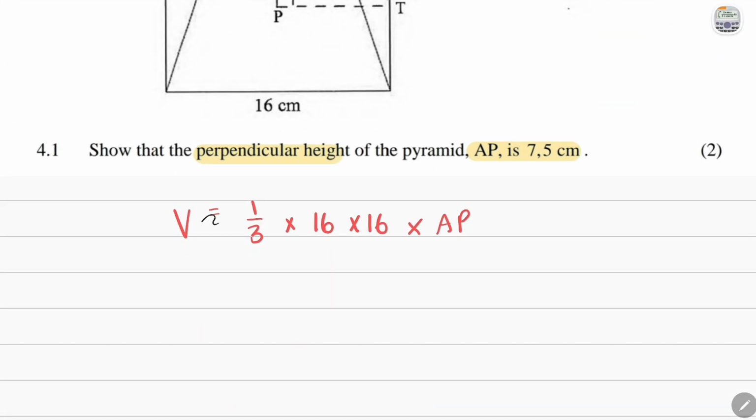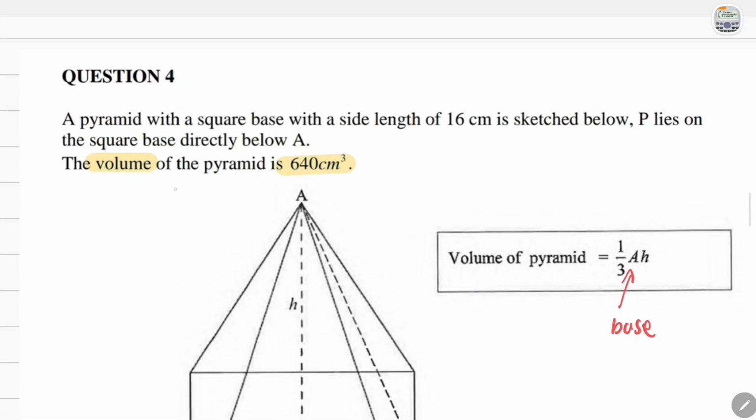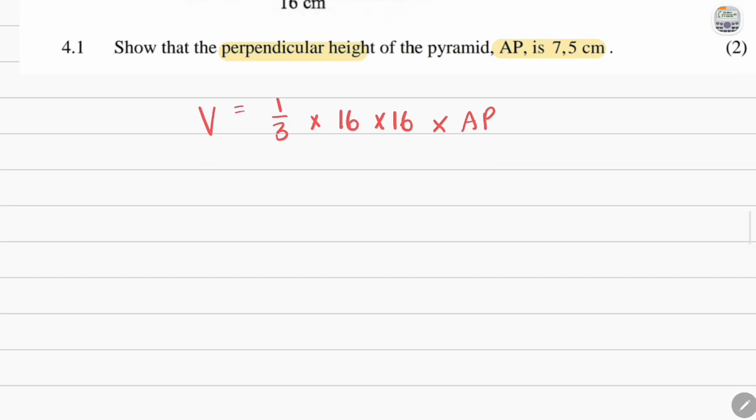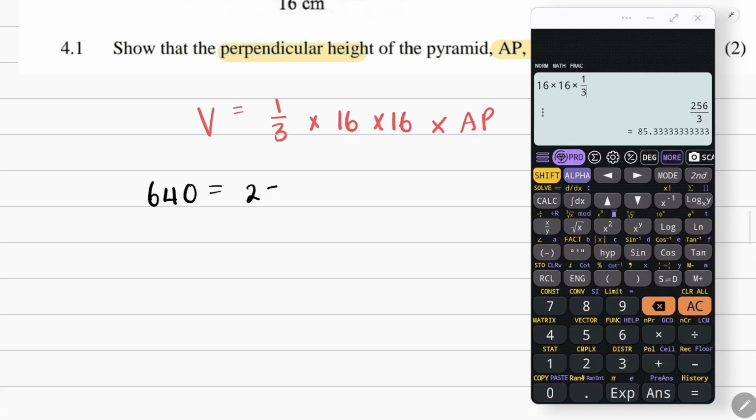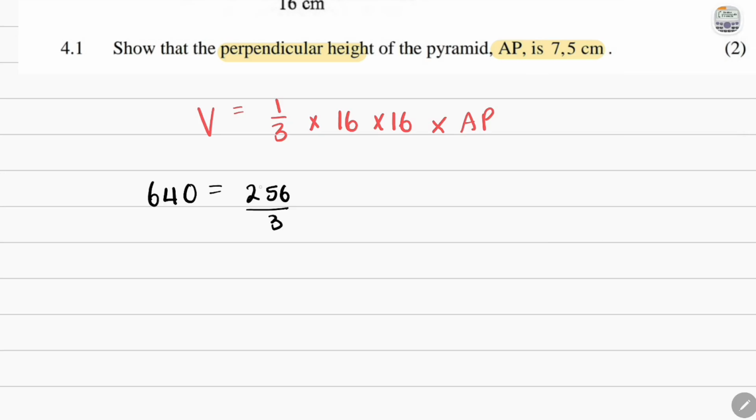Now here's the thing. They already gave us the volume of this pyramid. They told us that it is 640 centimeters cubed. So in place of volume, we substitute 640 is equal to, and you see that all we have to solve for here is AP. Okay, 16 times 16 and then times a third. Okay, as a fraction, that is 256/3, and then we have AP, so I'll just say 256/3 AP.